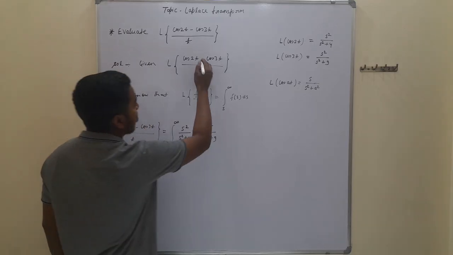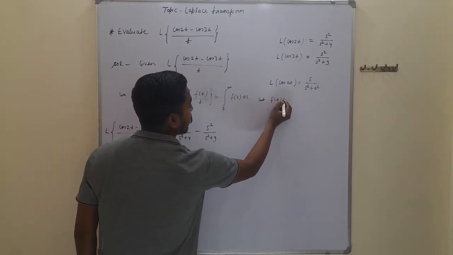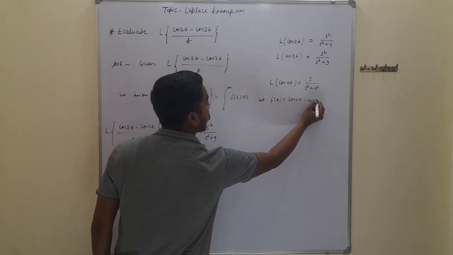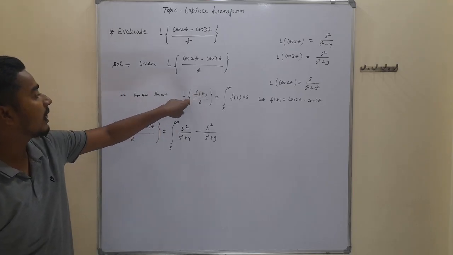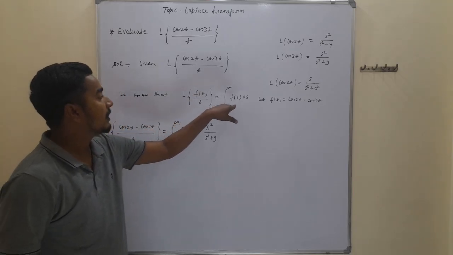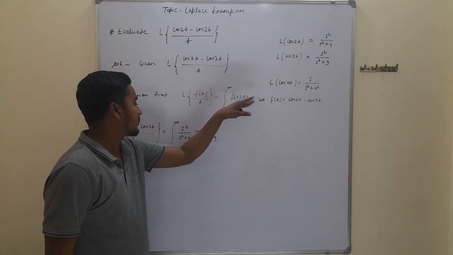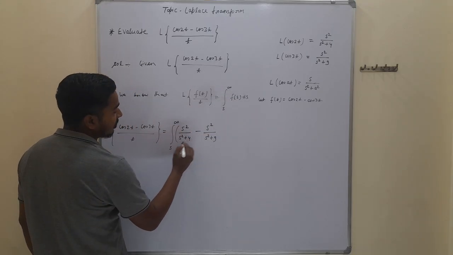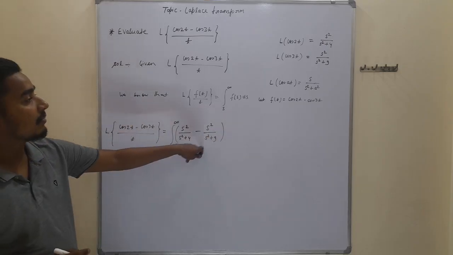Let us assume f of t is equal to cos 2t minus cos 3t. Then Laplace of f(t) upon t, we can proceed with the integral from s to infinity of F(s) ds, where we calculate the Laplace of cos 2t and the Laplace of cos 3t by the formula.